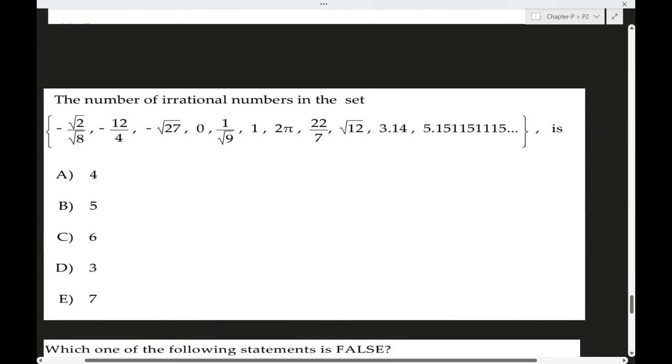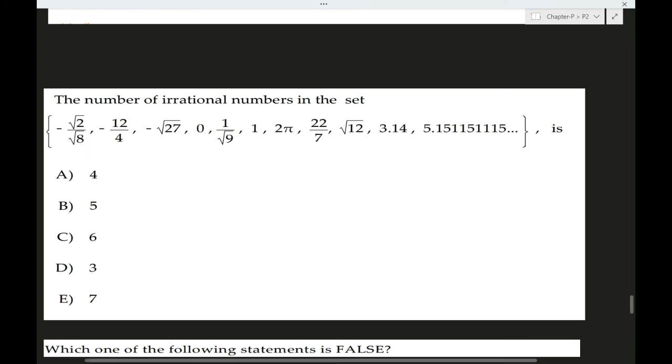Now, look at this question. It says the number of irrational numbers in the set. So you're looking for the irrational numbers, and you have to look carefully here.